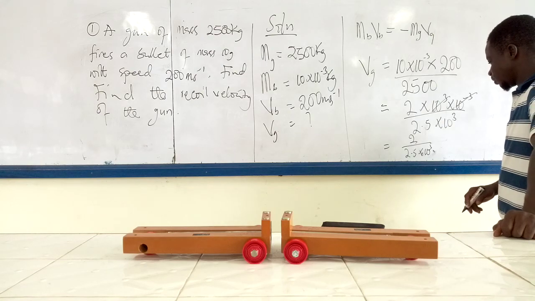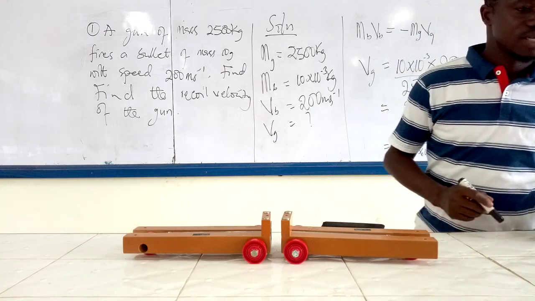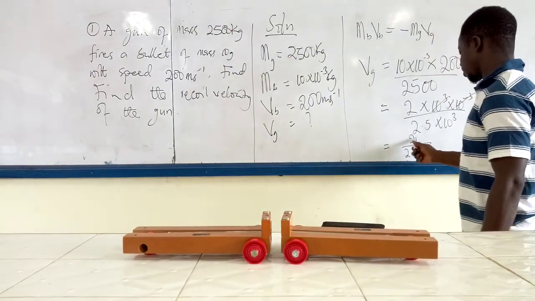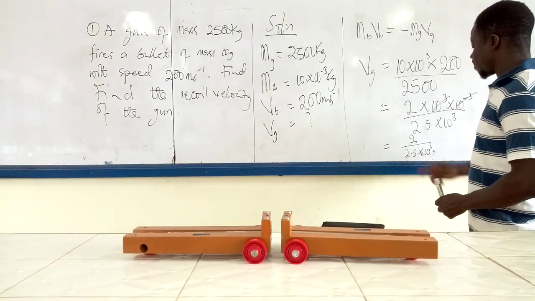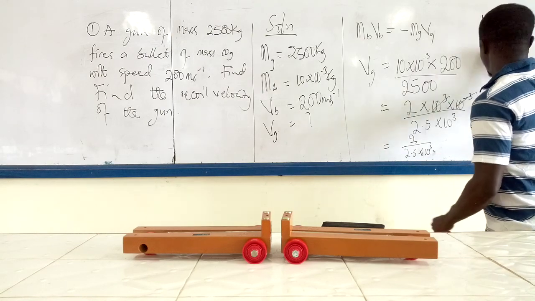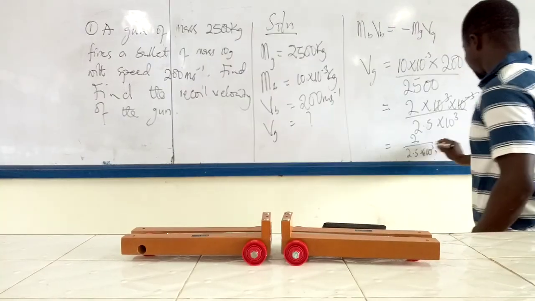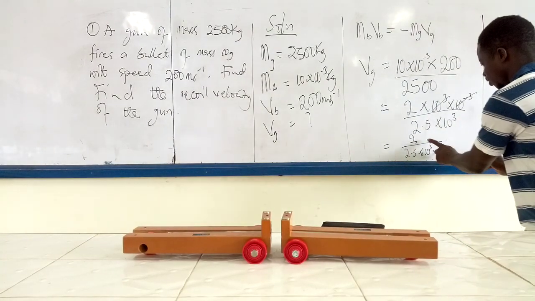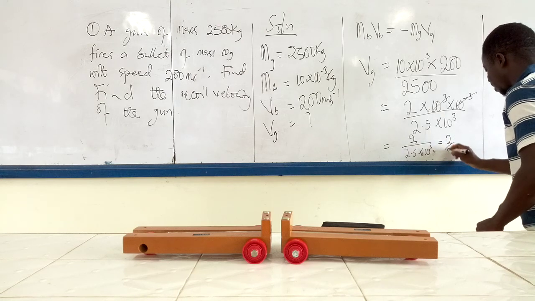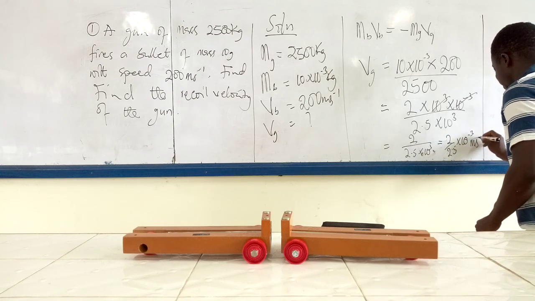If you have a calculator with you, punch in 2 divided by 2.5. So this can also be written as 2 divided by 2.5 times 10 raised to the power negative 3 meters per second.